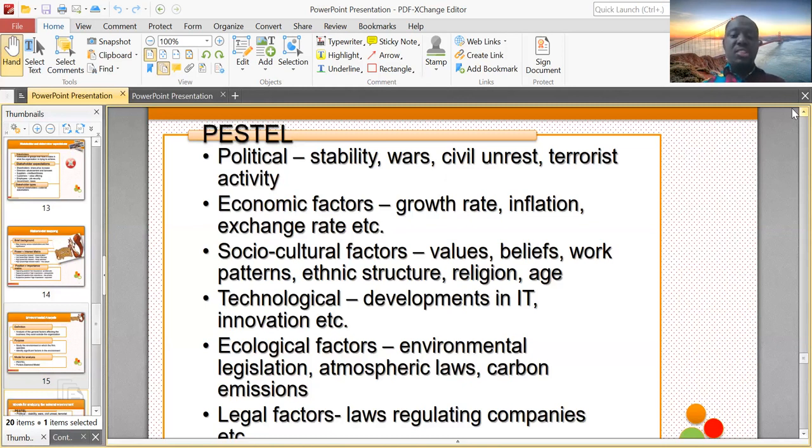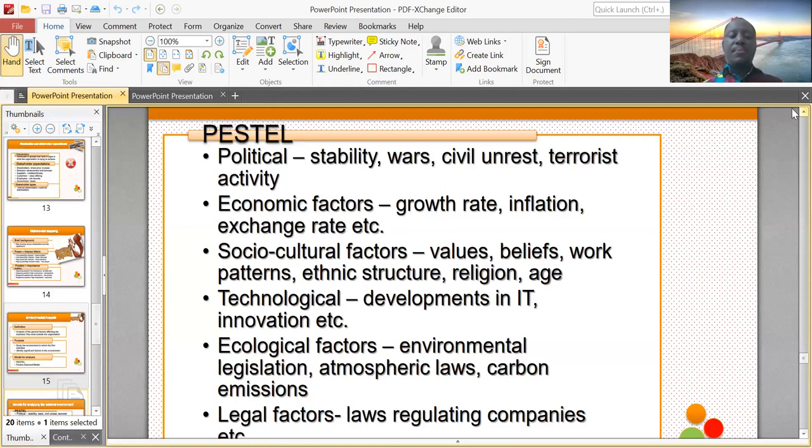So things like religion, age, ethnic structure, beliefs, and values of the people definitely affect your business, and you need to find ways to work around these things. That's why you need to have this PESTEL framework so that you understand exactly how to go about this.